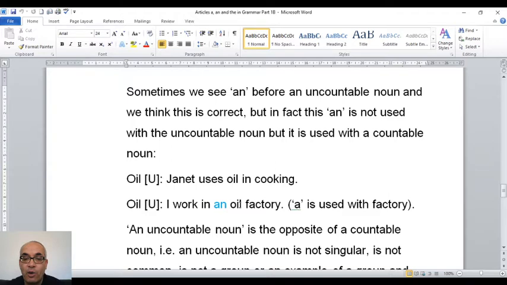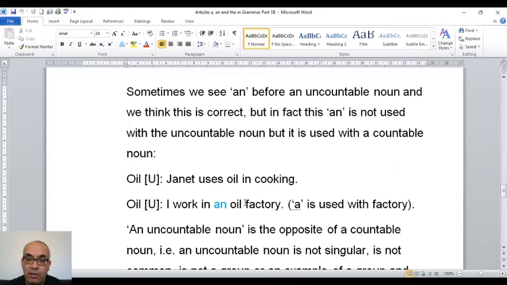So I say an oil factory. Oil is an adjective for factory. Factory is the noun. So in English I say a factory and an oil factory. So this an, I use it because I have factory. Yes, you see an next to oil, but I don't use an because I have oil.